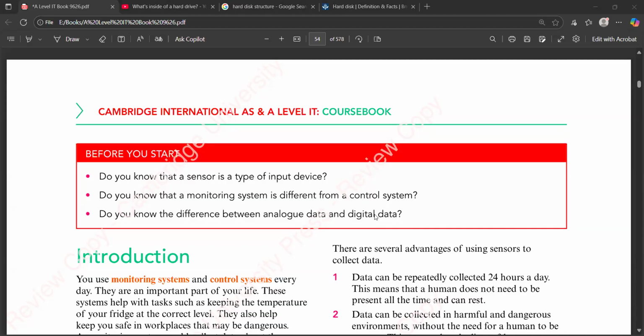Monitoring is the process of observation. Monitoring is the process of tracking the performance to gather data. For example, I am monitoring you as an IT teacher to make sure that you are not cheating in your exam.